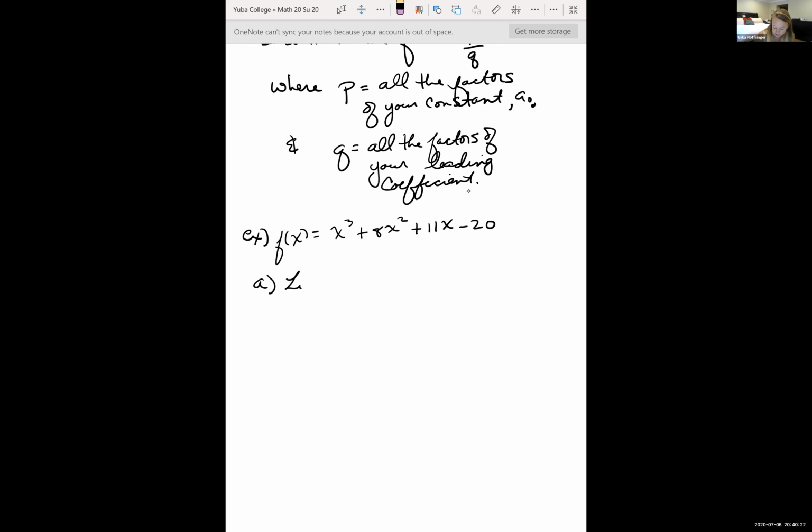Let's list all the possible rational zeros of f of x.